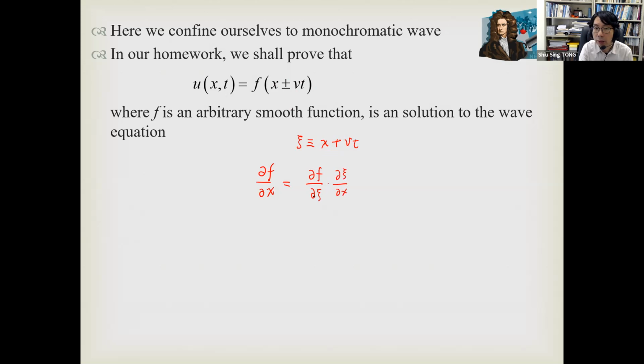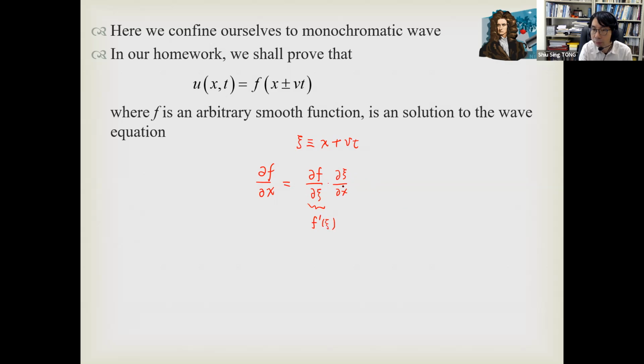Now, the first term is the derivative of f with respect to its argument. I can just define this as the first derivative of f with respect to the argument, and I write that like this.